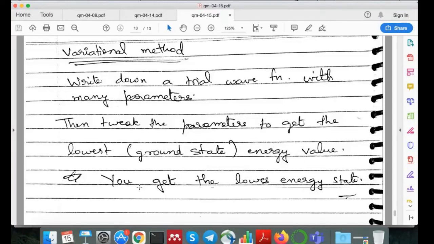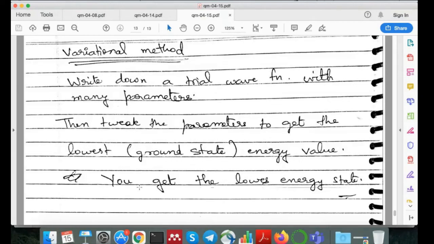But I just wanted to impress upon you that even though the Schrodinger equation for the helium atom cannot be solved exactly, there are approximation methods that people have used, and through these methods we are able to get the wave function and the energy levels of these complicated systems to a certain accuracy. Similarly, we can do this for other atoms as well.